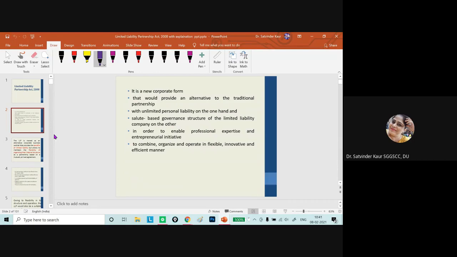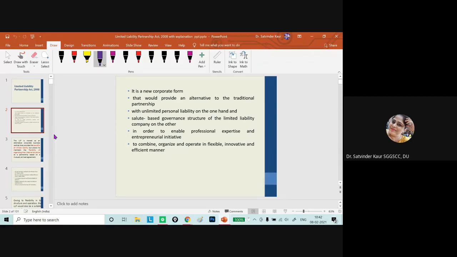So LLP is considered a new corporate form, an alternative to the traditional partnership, which has the good points of both.